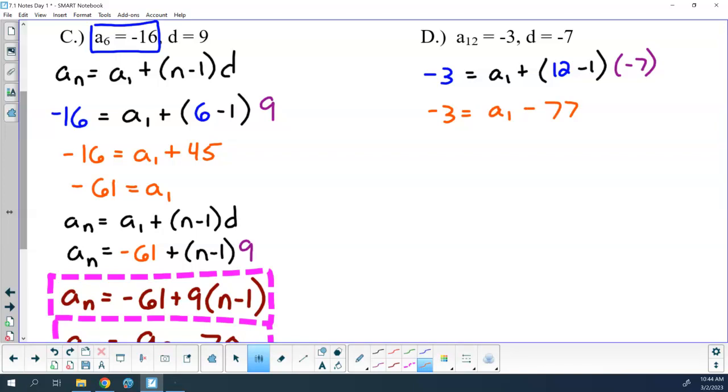So I get 74. That's the first term. So then a sub n would be 74 plus n minus 1 times negative 7.